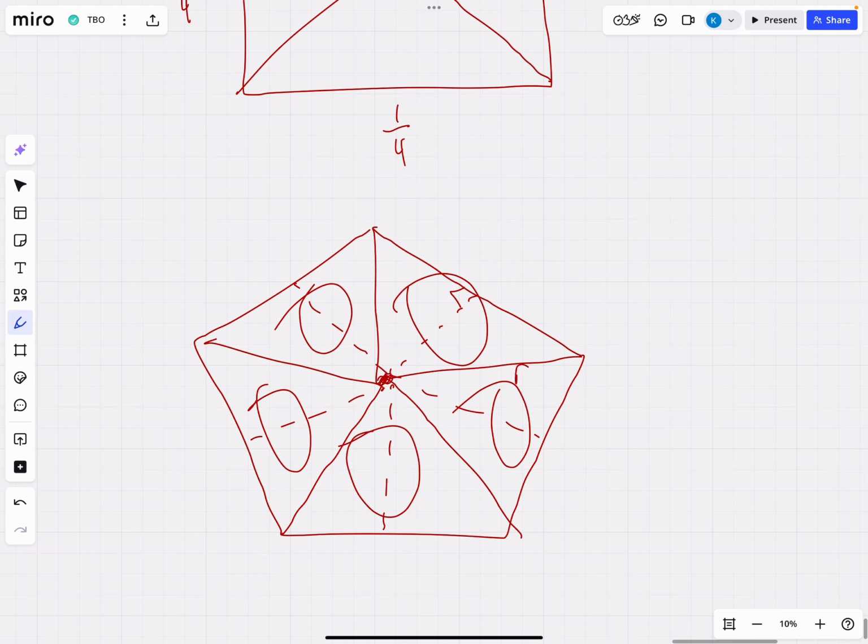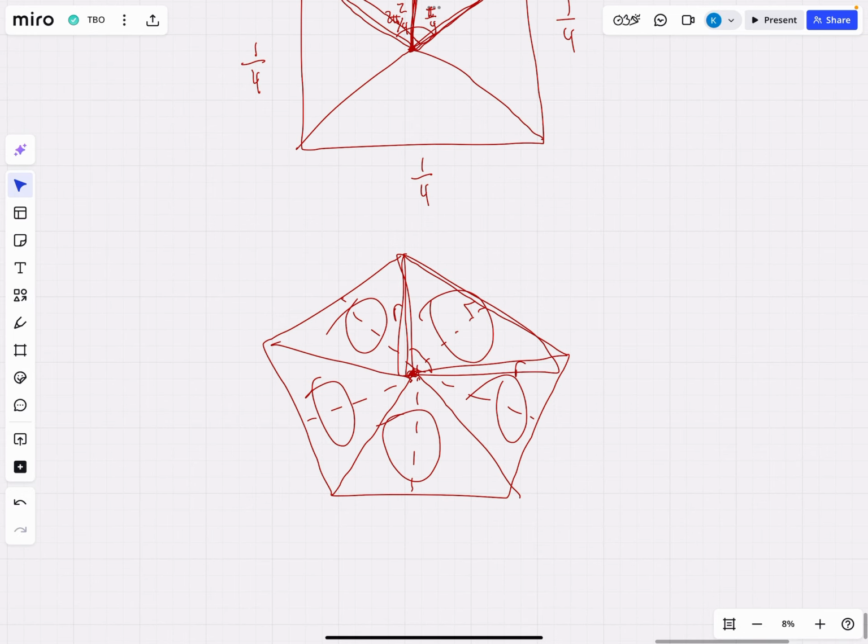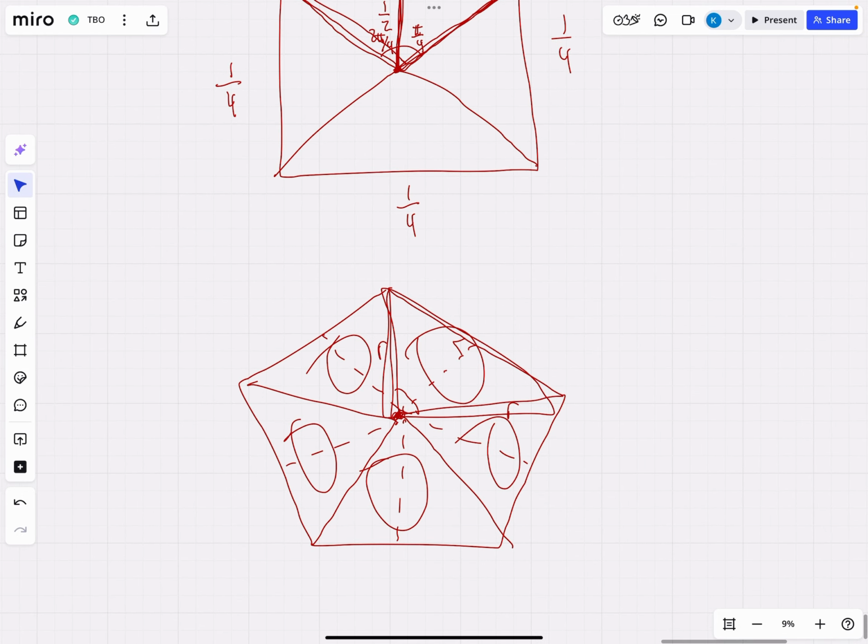Remember, we're only trying to find this length r, because that will help us find the area of one of these triangles. And if we multiply that by n, which is the number of sides, the number of edges, we will get the area of that polygon.